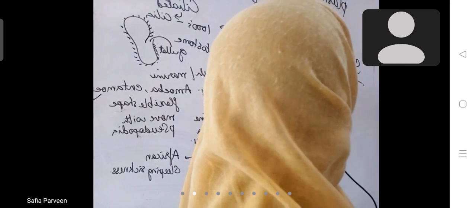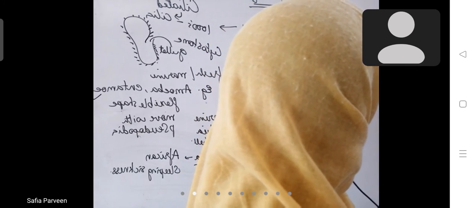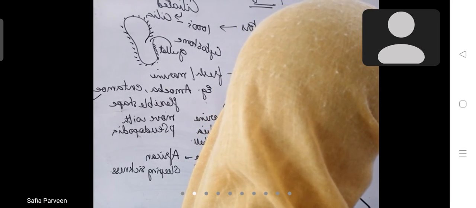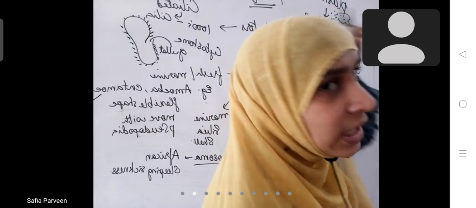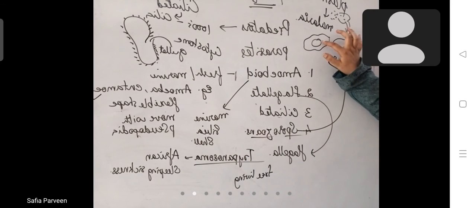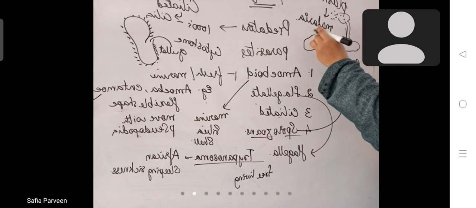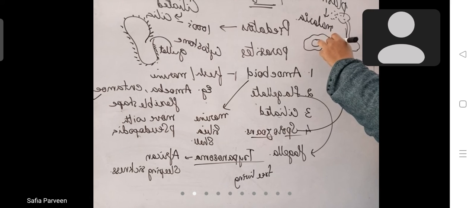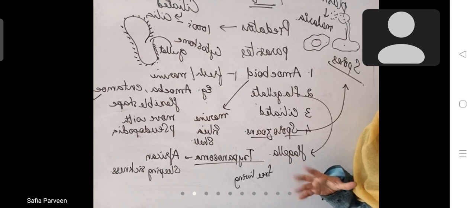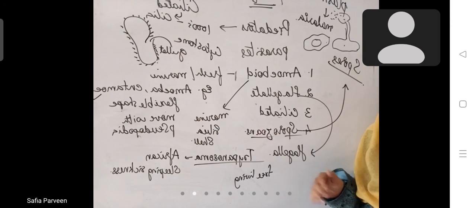Normally it has a shape like this, with a nucleus, but when it develops spores, it grows a structure containing spores, which will burst open and release the spores outside, which can give rise to new individuals. Normally it is not a perfectly shaped creature; it moves inside the blood, it's parasitic, but when it has to form babies, it will form spores like this, and those spores will burst open and grow into so many Plasmodium.